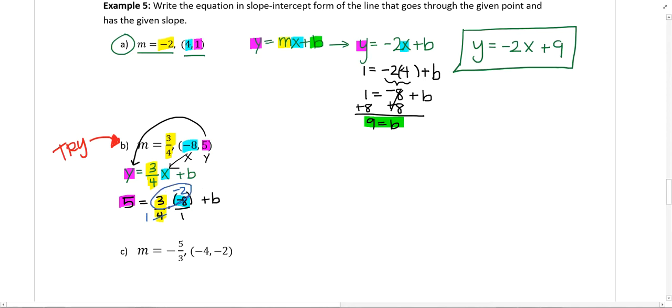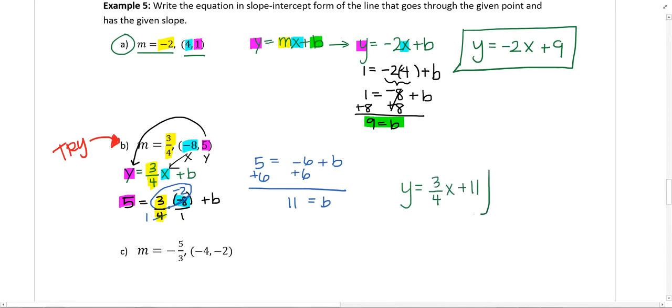So 3 times -2 will give me -6, and then 1 times 1 is just 1. So I have 5 equals negative 6 plus b, and then let's add 6 to both sides, and we get that b is equal to 11. So final answer, y equals 3/4 x plus 11.